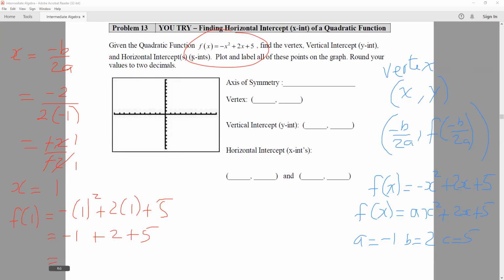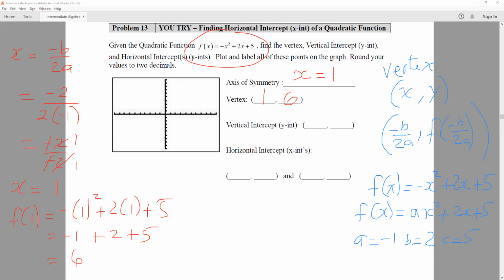Now going from left to right, negative 1 plus 2 is positive 1. Positive 1 plus 5 is positive 6. So what would our vertex be? When x is positive 1, y is positive 6. So the x value is 1, so our equation of axis of symmetry is going to be x equals 1.